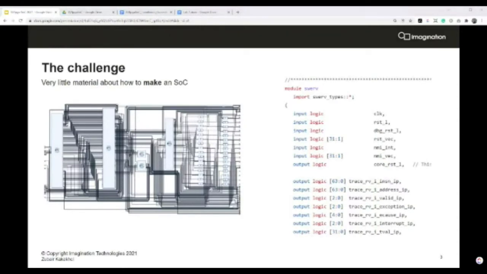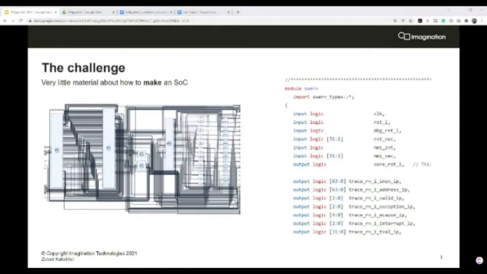For example, here's the core, here's the Verilog source code of the core, here's the Verilog source code of a reference system on chip. And then most of the material is centered around specific aspects of the core. Oh, this core has a cache like this, this core has an ALU like that. So most of the material is around that core itself, which is great. There's no doubt about it.